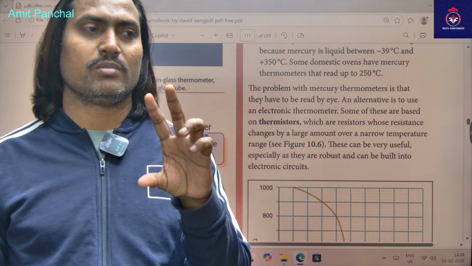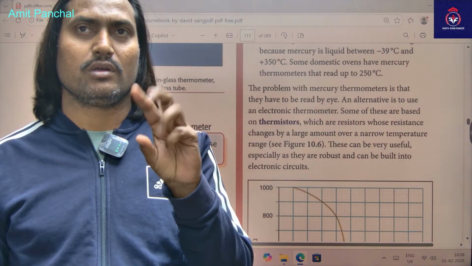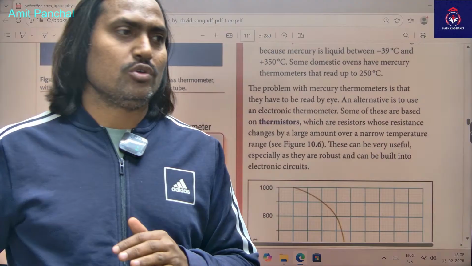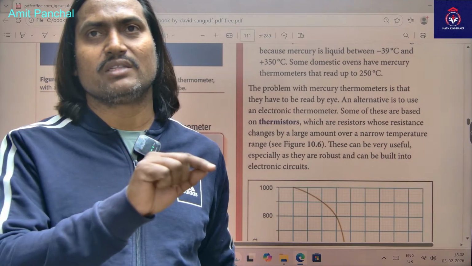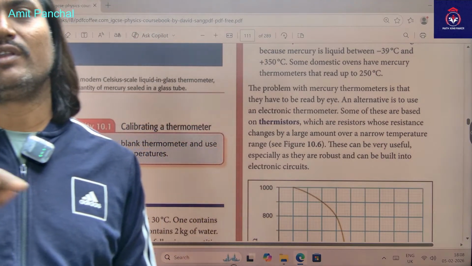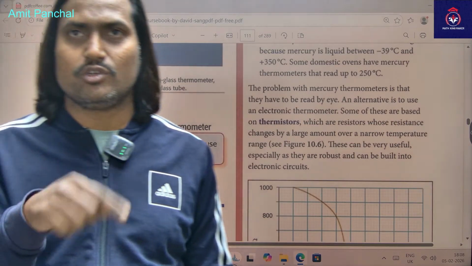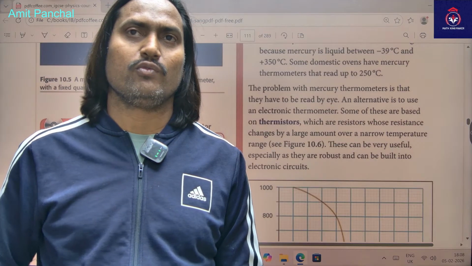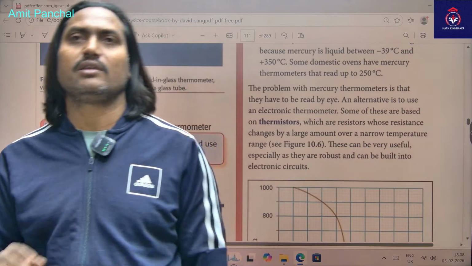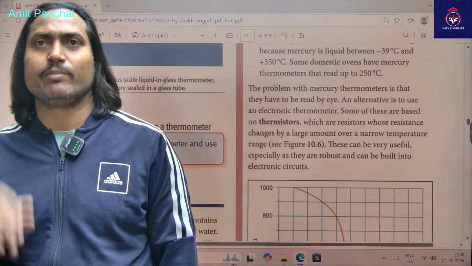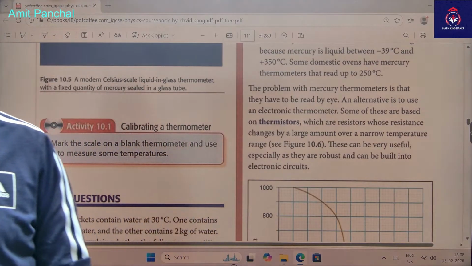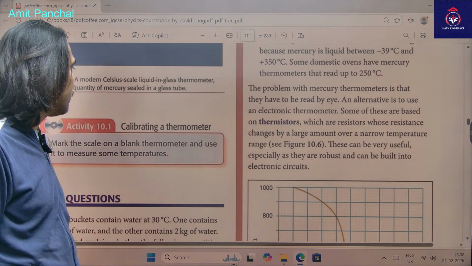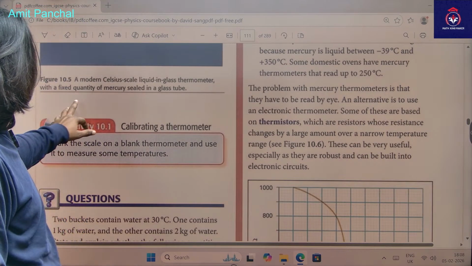We take mercury in a glass tube. We mark the level of mercury, so it will be marked as 0 degrees. So we just design it with the help of known temperatures. That is the calibration of a thermometer.